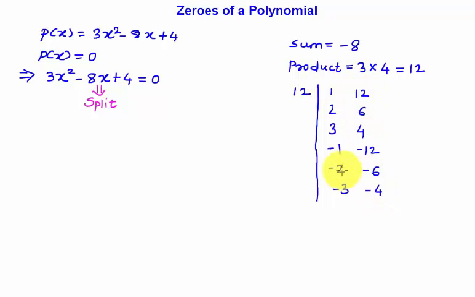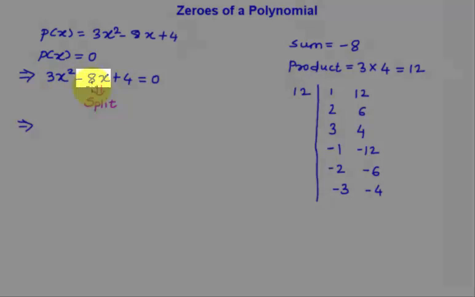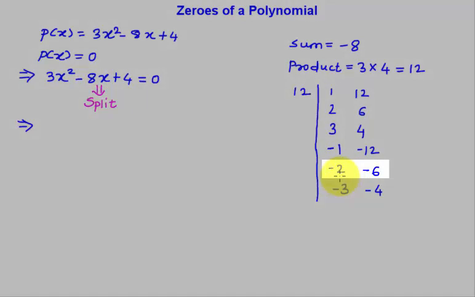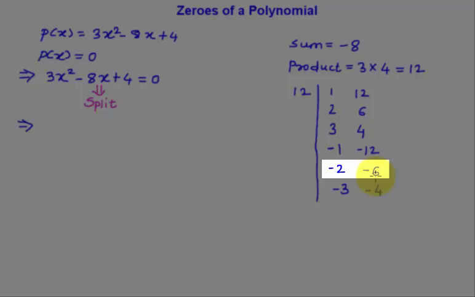Now these all pairs satisfy the condition where the product should be 12. Now out of all these pairs, the sum of minus 2 and minus 6 is minus 8. So the correct pair is minus 2 and minus 6. Hence we can split the middle term minus 8x into minus 2x and minus 6x.